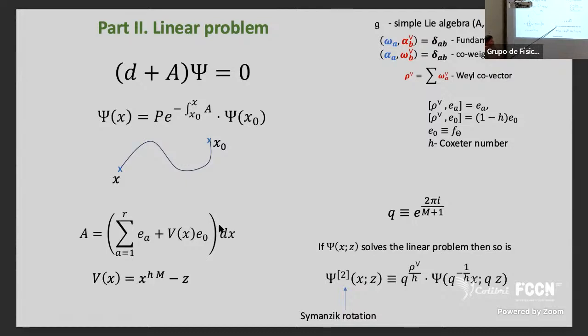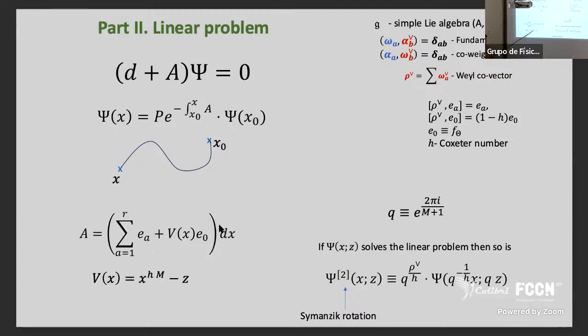So if we have one solution, we can get another solution. How many solutions do we want? The number of linearly independent solutions is the dimension of the representation that we chose. And here there is this number m, which we assume is big enough. We can do this rotation as many times as we want to get a basis of solutions, although we will not do this in practice.